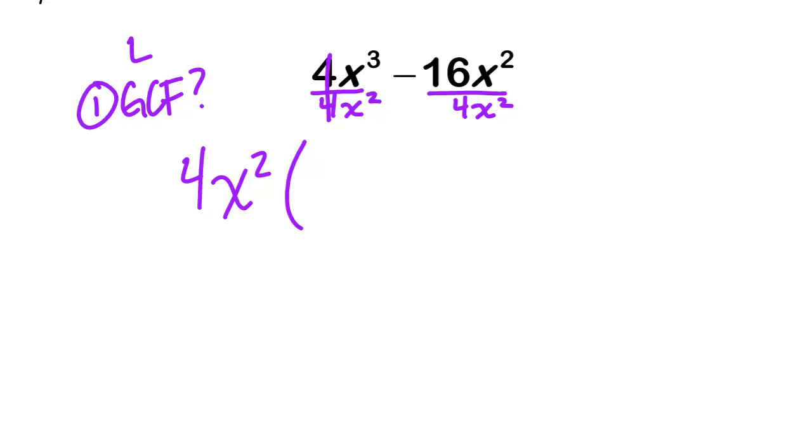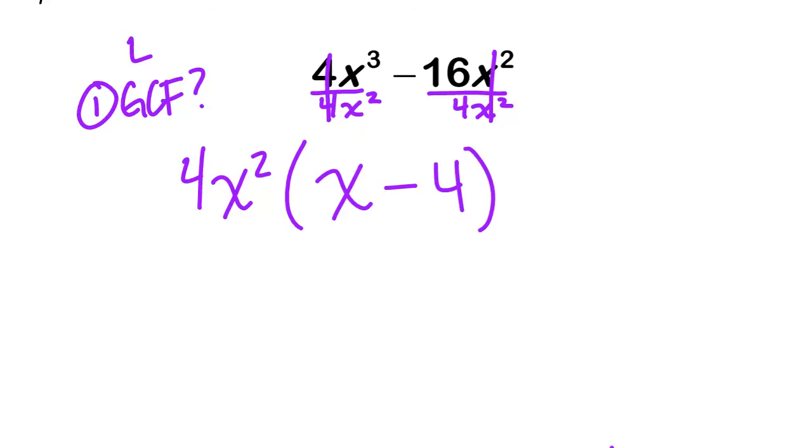And then I got x cubed divided by x squared. So that's 3 minus 2 gives us just an x. Minus 16 divided by 4 is going to give us what? A 4. And then x squared divided by x squared, that's going to be 1. And then you close your parentheses. That's our very first step, is the GCF.